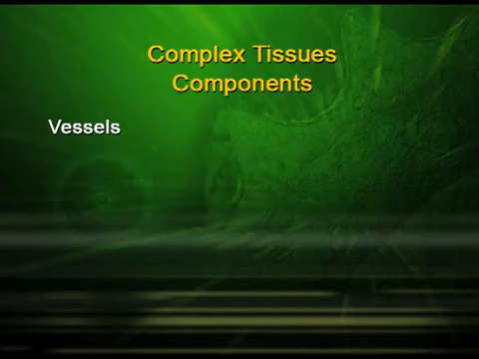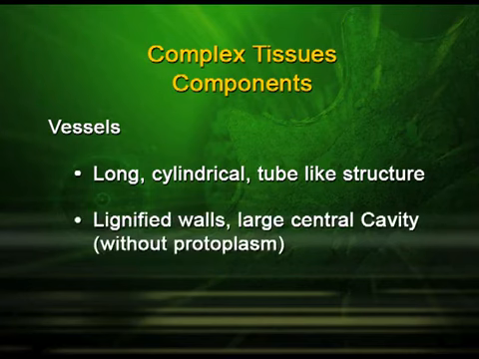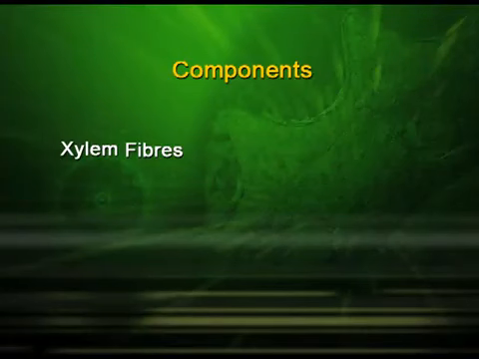The vessels are long cylindrical tube-like structures. They have lignified walls and they have a large central cavity which is without protoplasm. They are interconnected through perforations in their common walls. The next component of xylem is the xylem fibers.